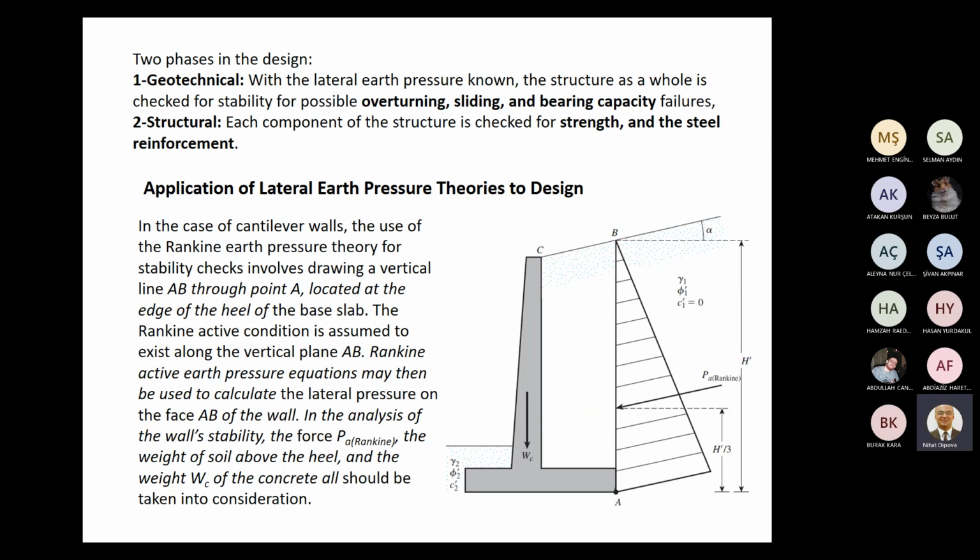We have 2 steps in construction of retaining walls. First step is geotechnical. The second is structural. In geotechnical phase, with the lateral earth pressure known, the structure as a whole is checked for stability for overturning, sliding, and bearing capacity failures.